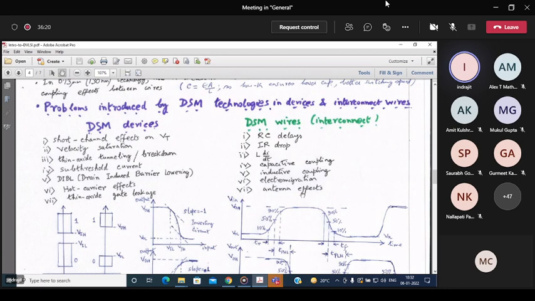So capacitance remains the same. But Q equal to CV, if more and more charge accumulates on the metal layers, and suppose the metal or even the polysilicon which acts like a gate, if more and more charge gathers on the layers, capacitance remaining the same, the voltage will grow.